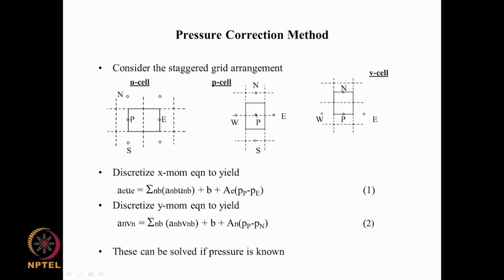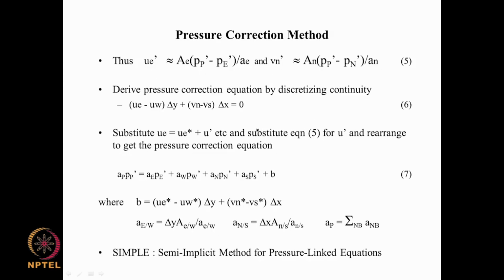We are saying that the continuity equation is being evaluated over this cell. Dou u by dou x is this velocity minus this velocity. This velocity is u e, this velocity is u w. Both e and w are small letters indicating the faces of this particular cell. Similarly, dou v by dou y is given by the vertical velocity at this point, which is v small n, minus v small s here. That is what we have written here.